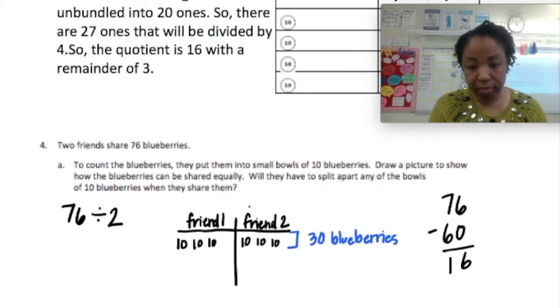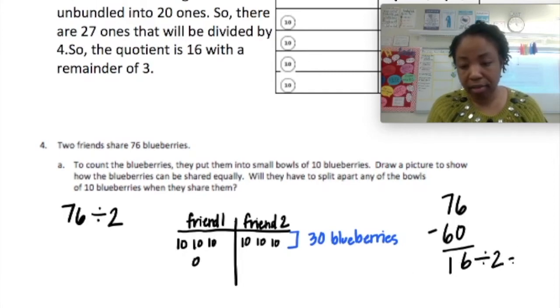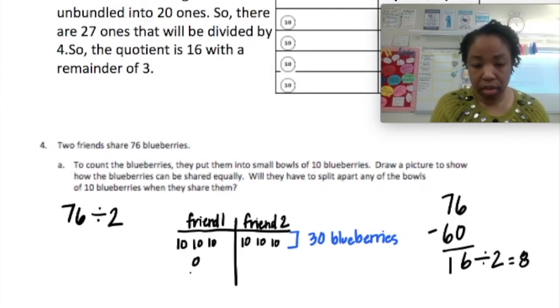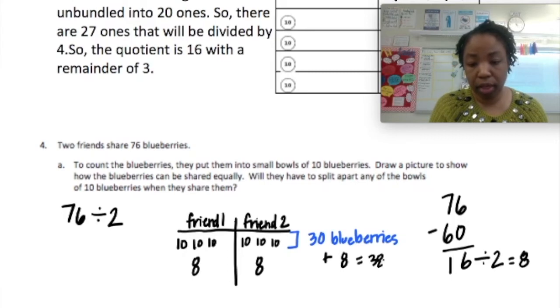And so if we do 16 divided by 2, that equals 8. And so friend 1 will get 8, friend 2 will get 8. So each friend will get 38 blueberries.